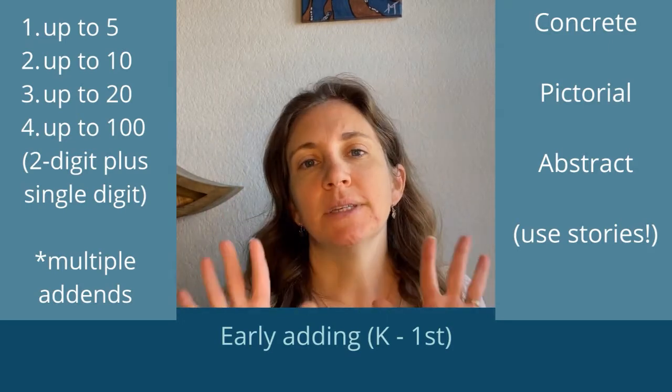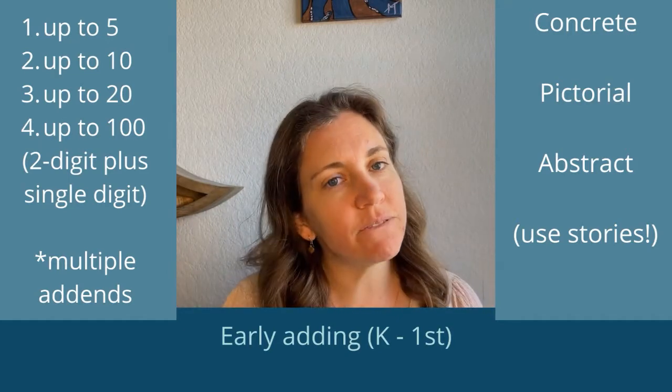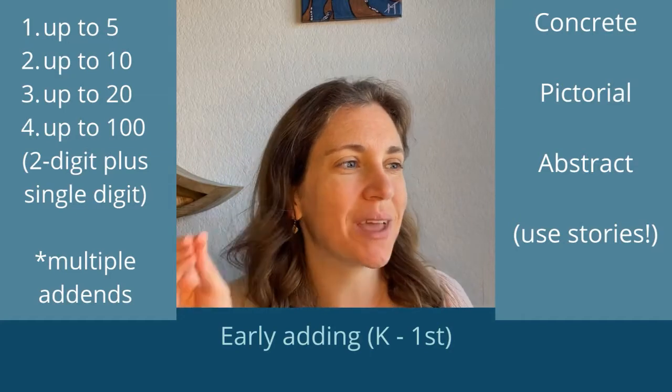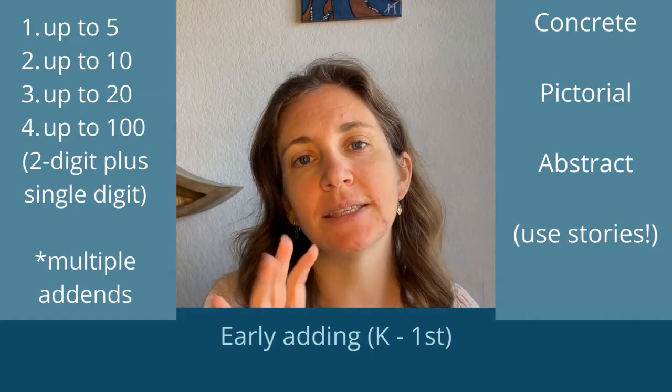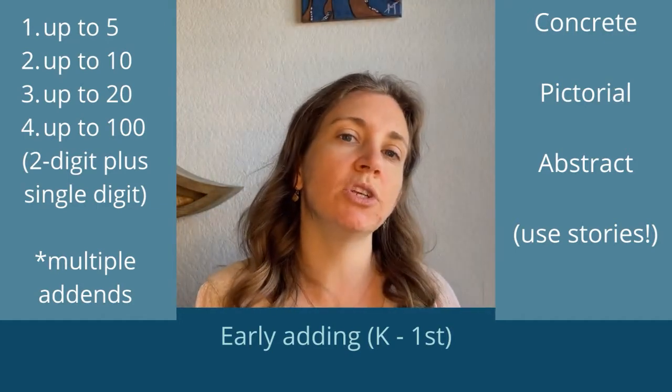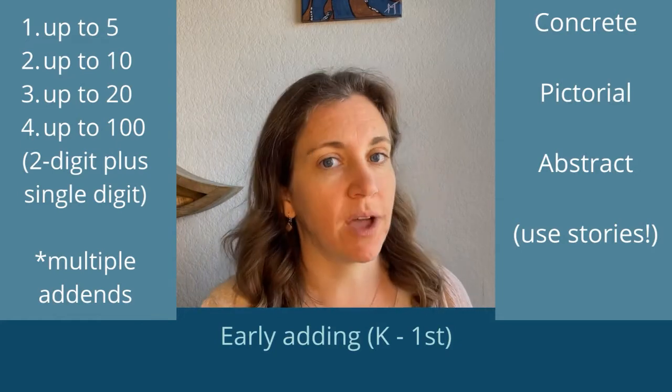Then the next is up to 10, then up to 20, up to 100. And in that first go at going up to 100, the second number that they're adding is still a single-digit number. So it would be a 2-digit number plus a 1-digit number, like 73 plus 5.